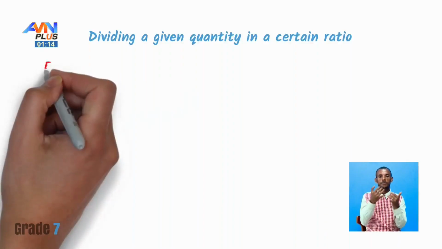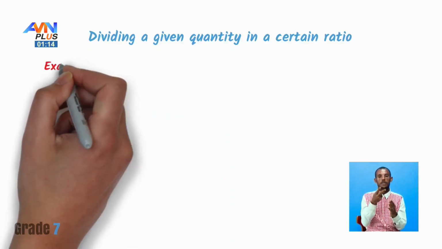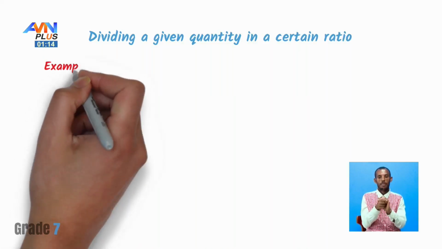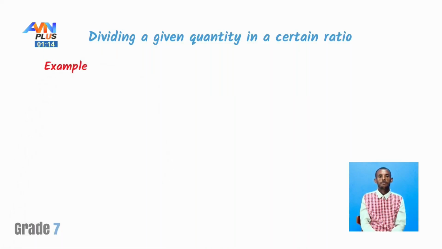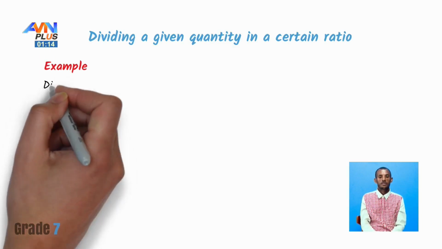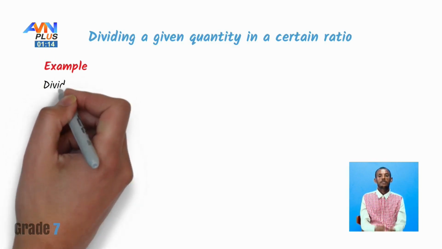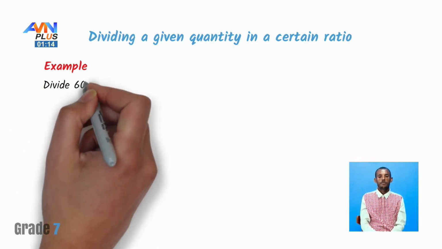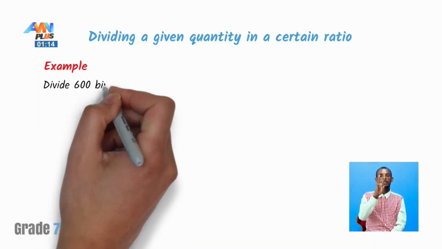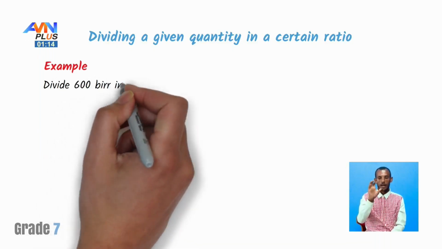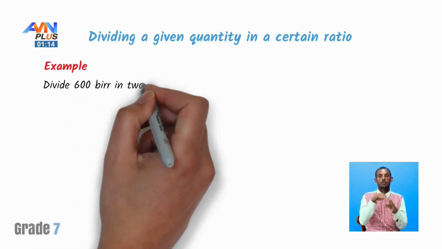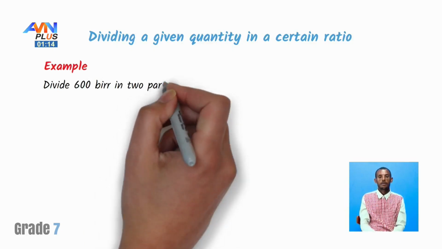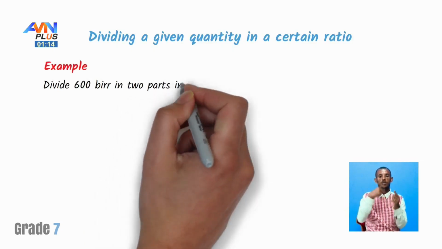Now let's see these three examples. Divide 600 birr in two parts.